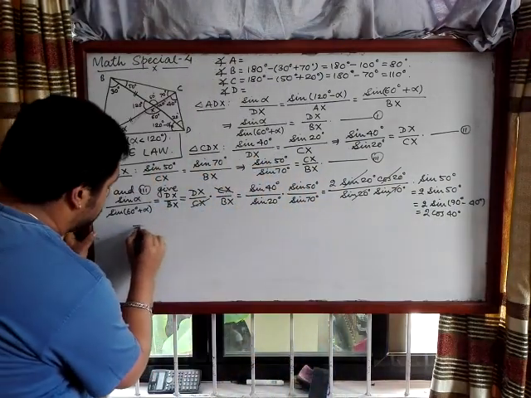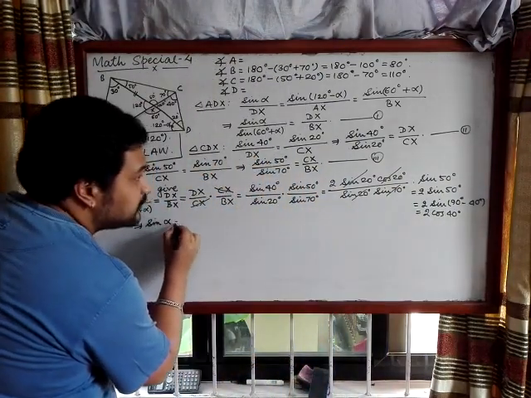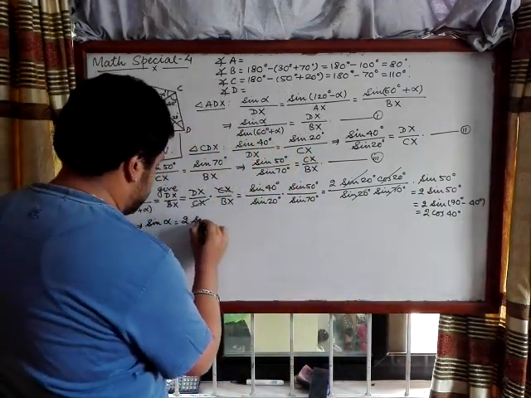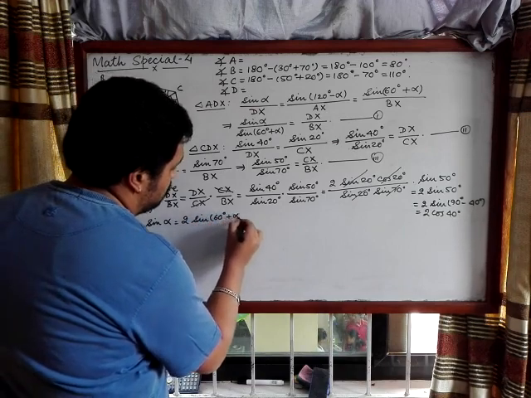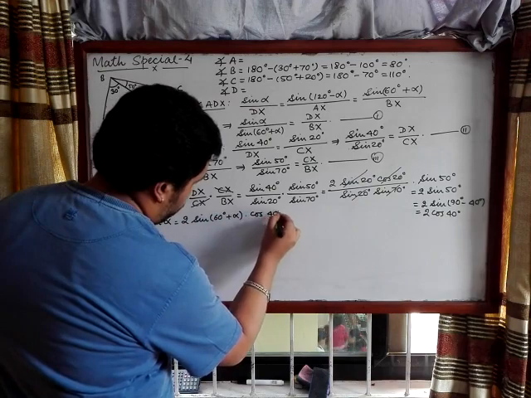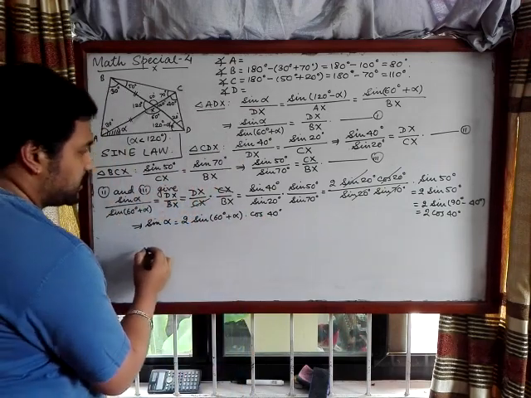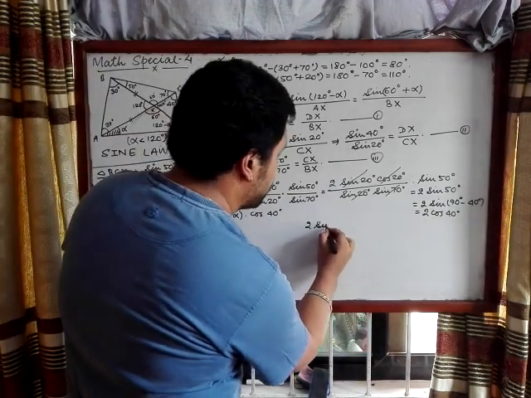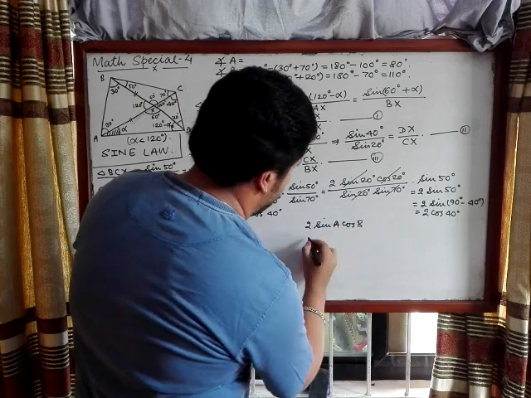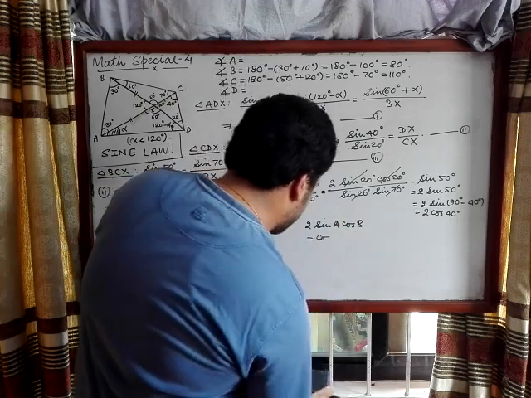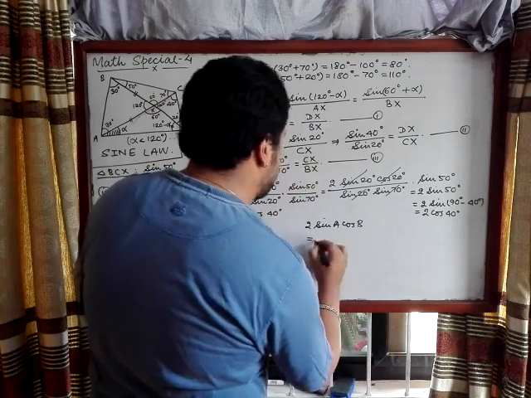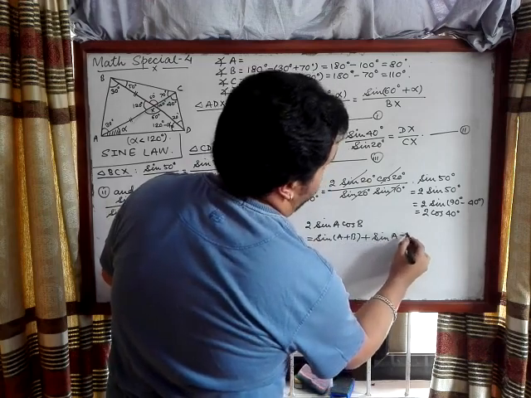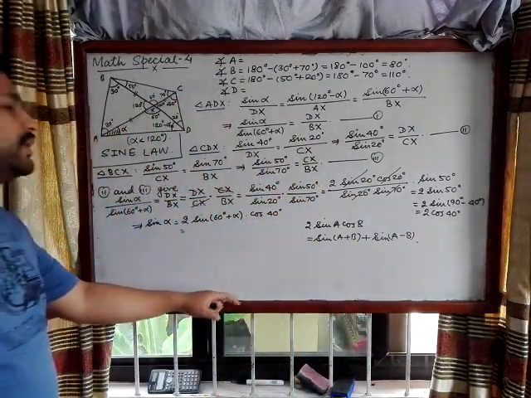So what we get is sine alpha as it is, and this sine 60 plus alpha is equal to 2 cos 40 degrees. So 2 sine 60 degrees plus alpha times cos 40 degrees. Now let's simplify the right hand side. We know that 2 sine A cos B is equal to sine A plus B plus sine A minus B. Okay, we know that.